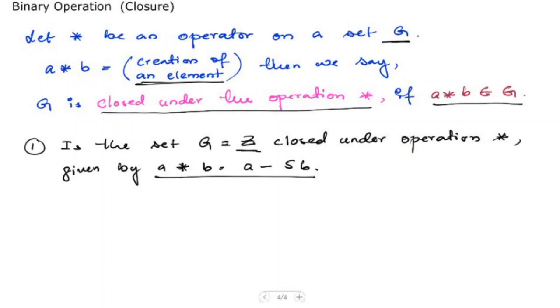So how do we do that? Let's say the answer is, so here we have A, an integer, star an integer B, would be equal to an integer A minus 5 times an integer.